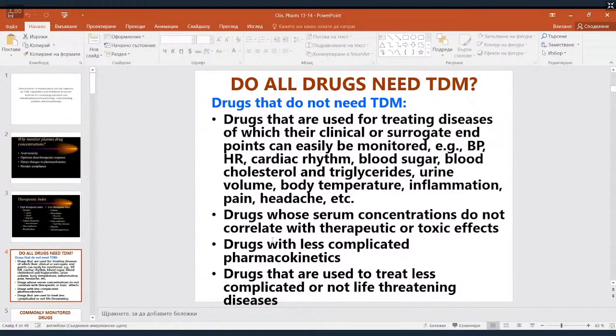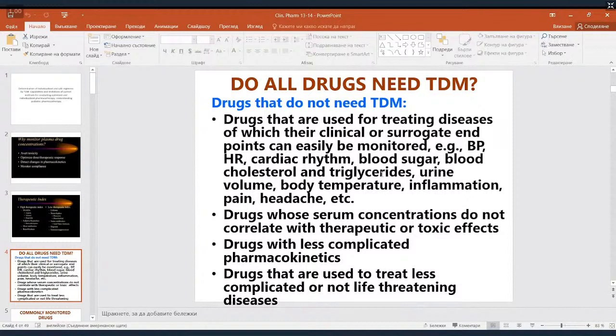For most drugs that are used to treat diseases with a measurable surrogate endpoint, like heart rate, cardiac rhythm, blood pressure, blood sugar, blood cholesterol, and triglycerides, we don't need therapeutic drug monitoring. That means most antihypertensive drugs and most diabetic drugs do not need monitoring, because it's really expensive and it's hard, as it needs patient cooperation.